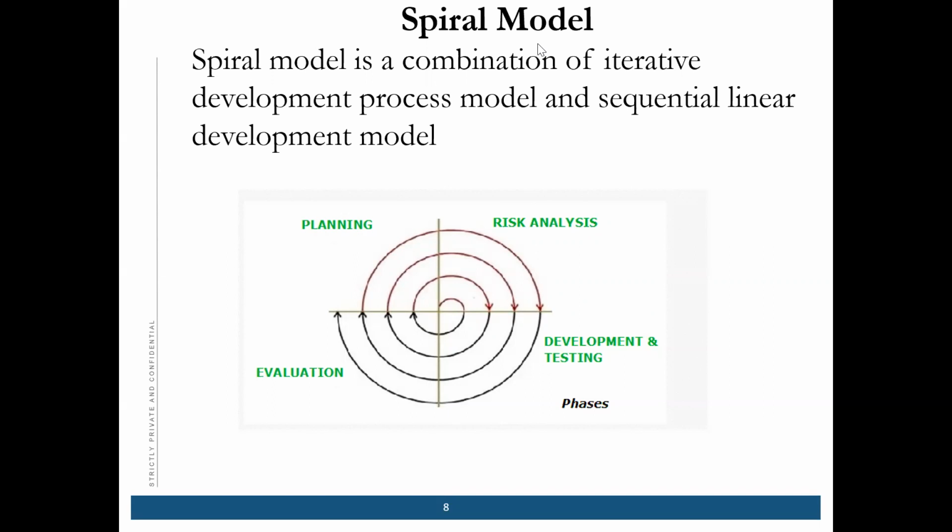So it involves a new phase which we have not gone through in SDLC, which is called risk analysis. Mostly this model is adopted for large and complicated projects where the risk is very high. When the risk is very high, that time we use the spiral model.